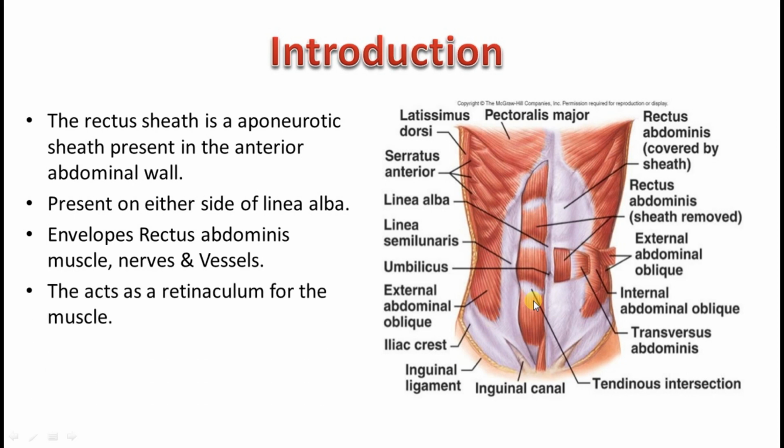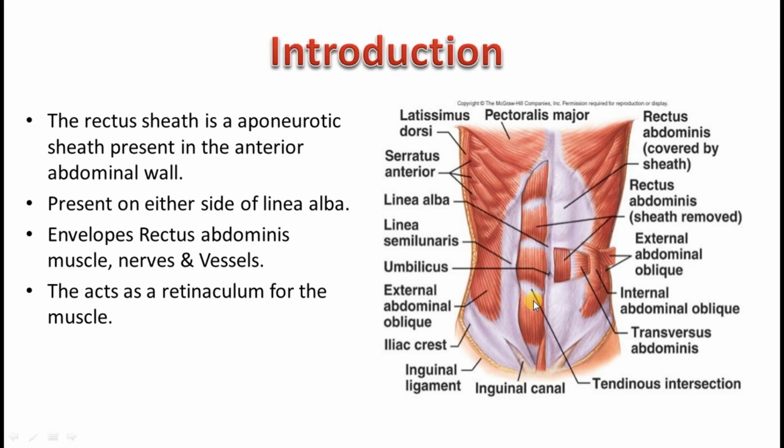The main function, to put it in brief, is that it acts as a retinaculum for the muscle. So again, what is the retinaculum? We have discussed so many retinacula: the flexor and the extensor retinaculum in the upper limb, then the flexor retinaculum, extensor retinaculum, peroneal retinaculum of the lower limb.